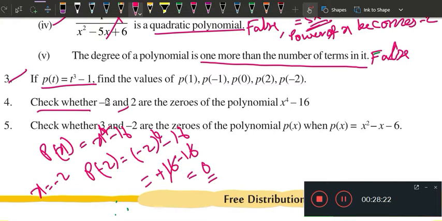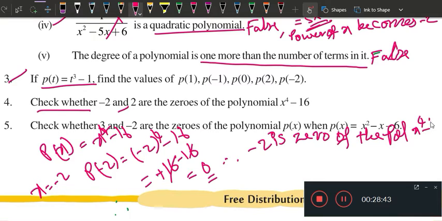So minus 2 is a zero of the polynomial x power 4 minus 16. If you get the result 0, then only it is a zero.